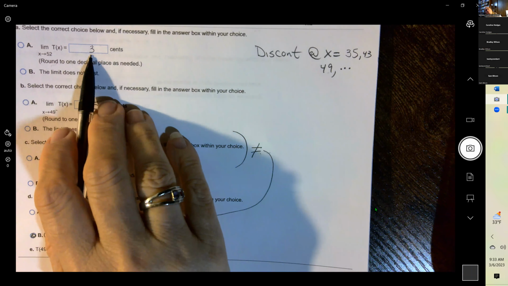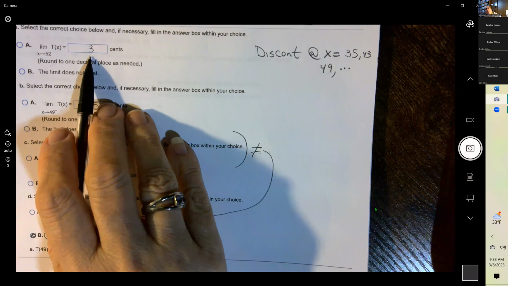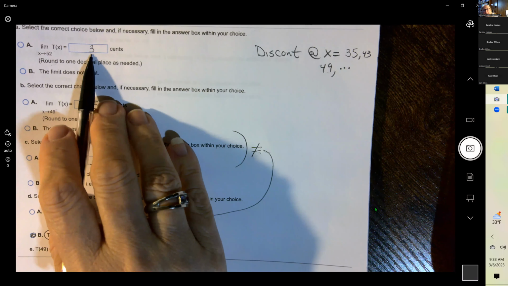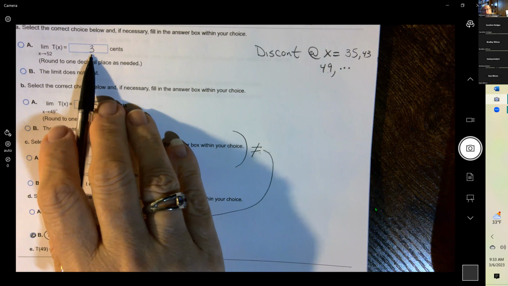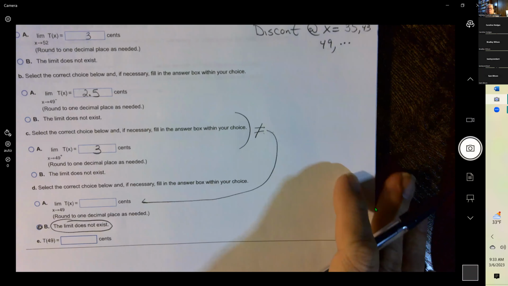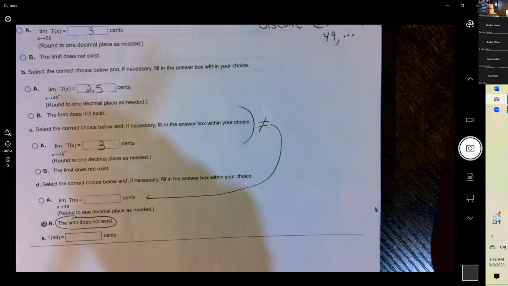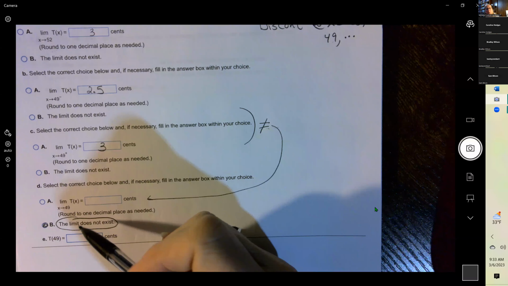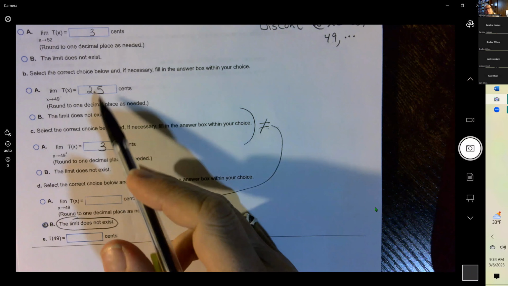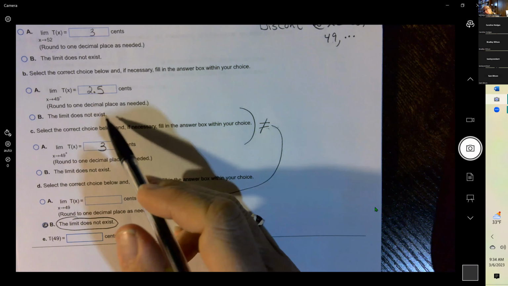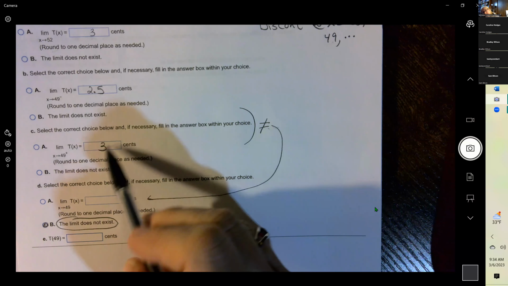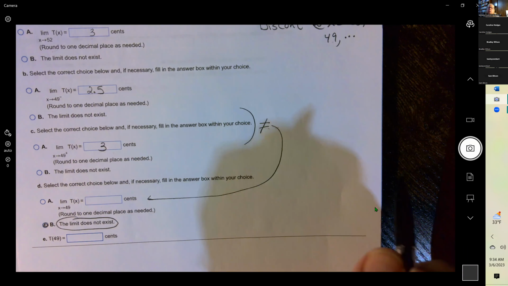If we did the limit from the left and the right, it was all 3, and that's why they didn't ask it. So for the two-sided limit, if you find the limit from the left and the right, if they are not equal, this one does not exist.